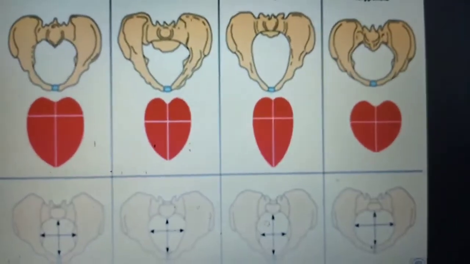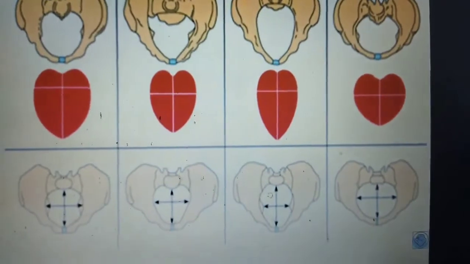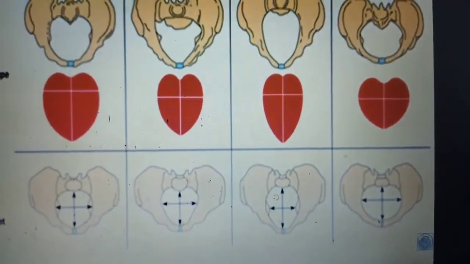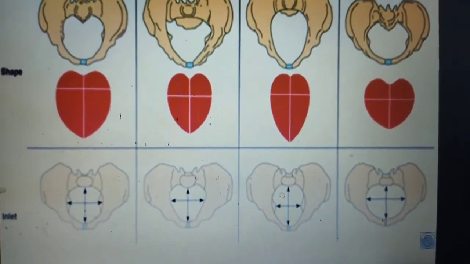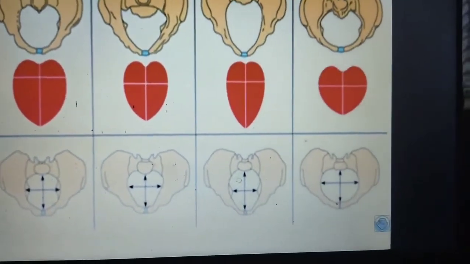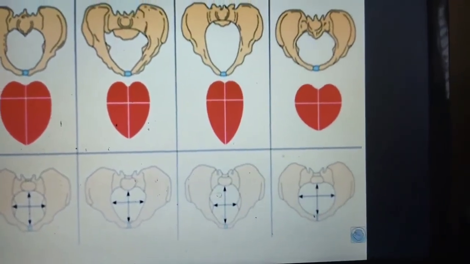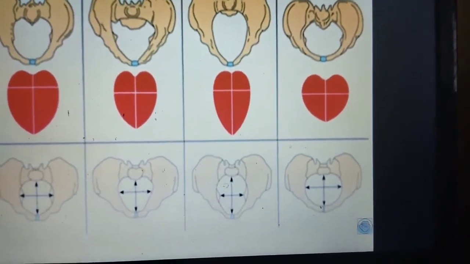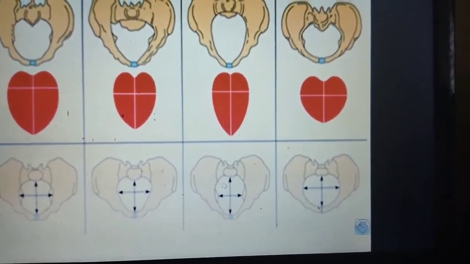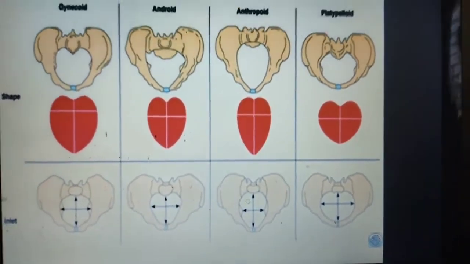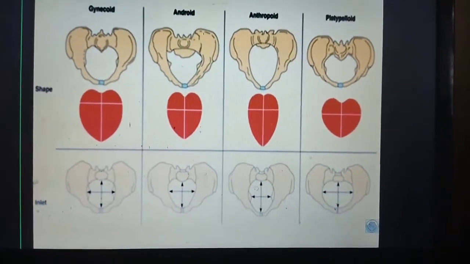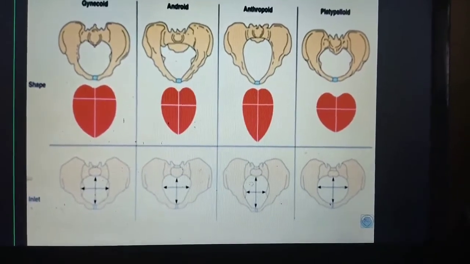The anthropoid type of pelvis is anteroposteriorly oval, and the transverse diameter is much less than the anteroposterior diameter. And this is the platypeloid type of pelvis, which is transversely oval, so the transverse diameter is more than the anteroposterior one. In the gynecoid type of pelvis, these two diameters are almost equal.